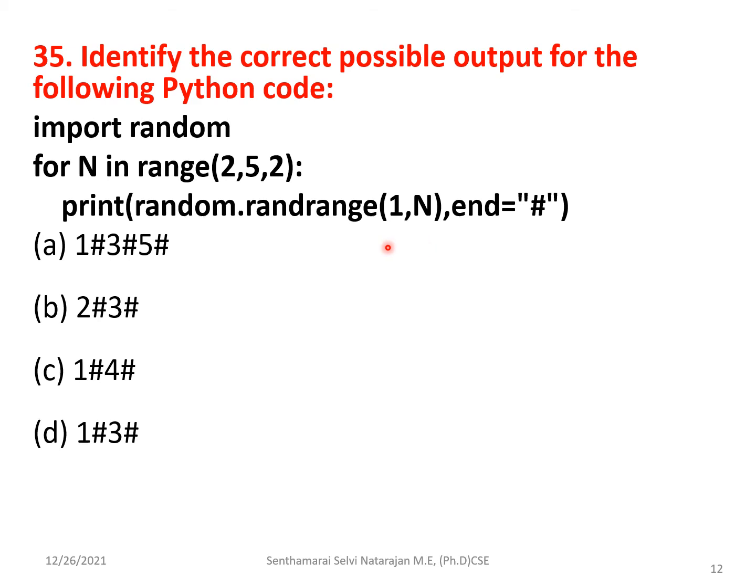Then how can you identify the correct option from this? You know that in this range function, the last value will not be considered. So the last value to be considered is 5 minus 1, n minus 1. You know the range syntax, so it is 4. So now you can conclude this 5 is not the correct answer. So the answer is 1 hash 3 hash. So that is the answer D.